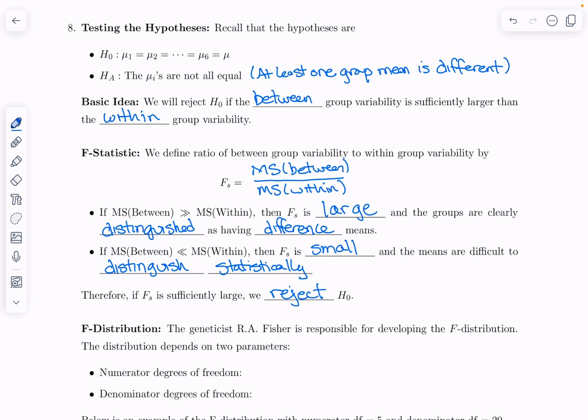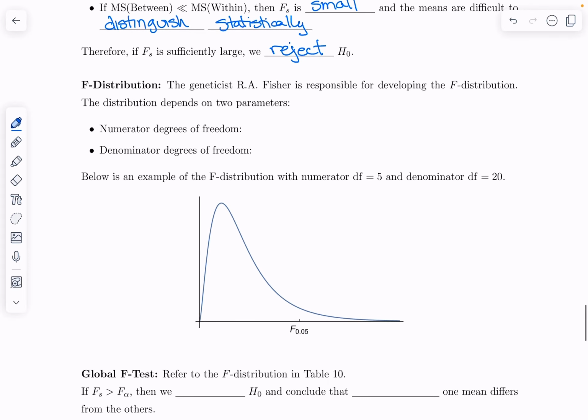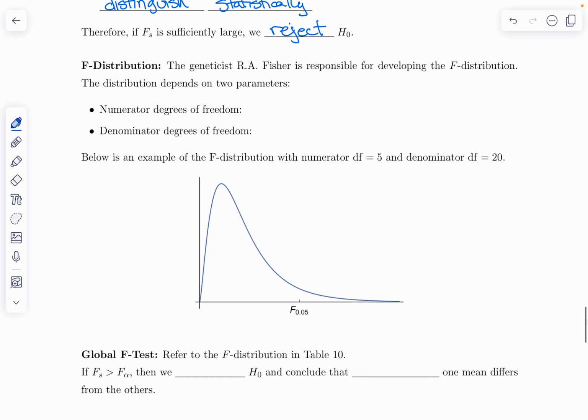Okay, and it has two parameters. Those two parameters are going to be the numerator degrees of freedom, which is going to be the number of groups minus 1, and the denominator degrees of freedom, which is going to be the total number of observations minus I. So the numerator is for between, and the denominator is for within.